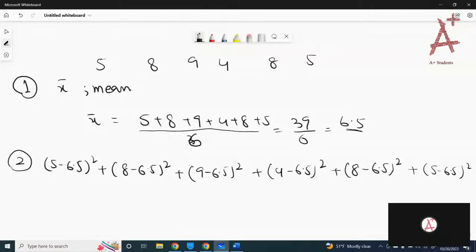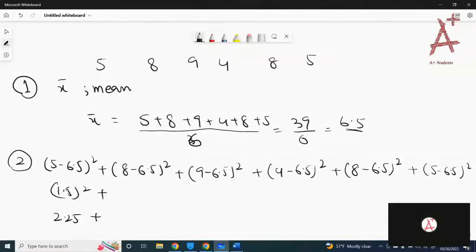So when you calculate the squares, let's calculate all. 5 minus 6.5 is negative 1.5, and 1.5 squared is 2.25. Got it?